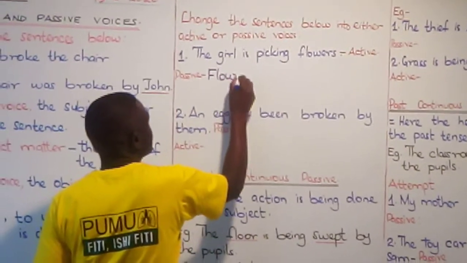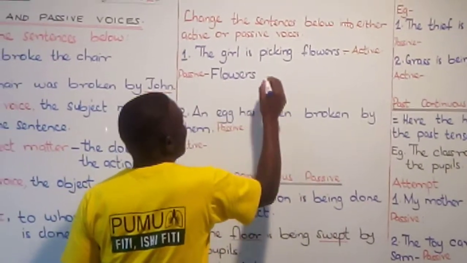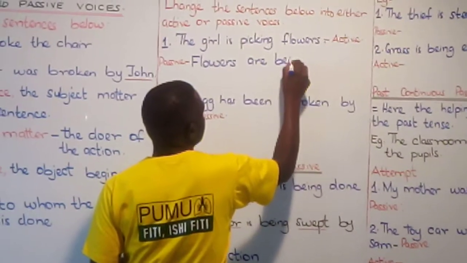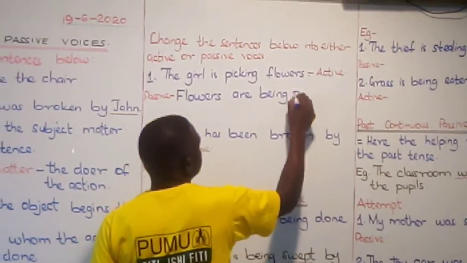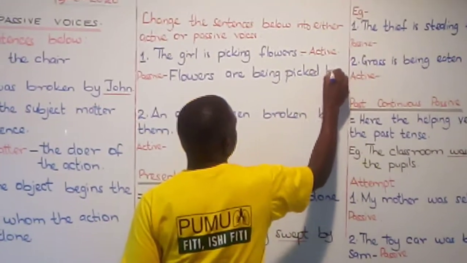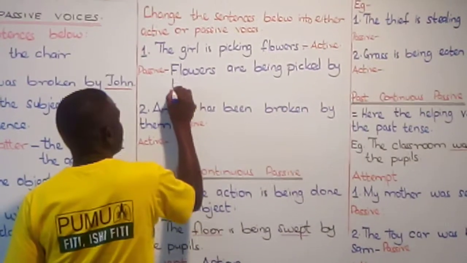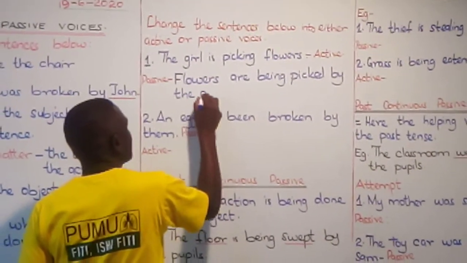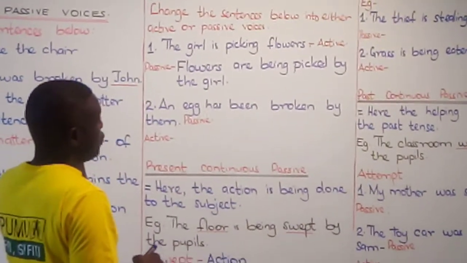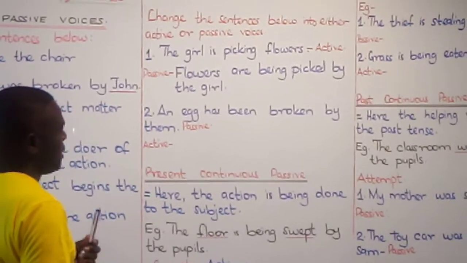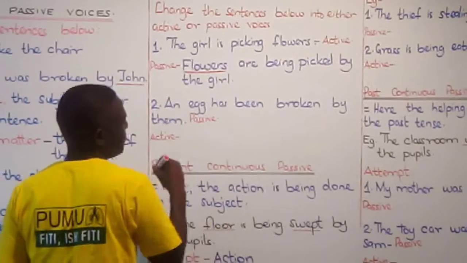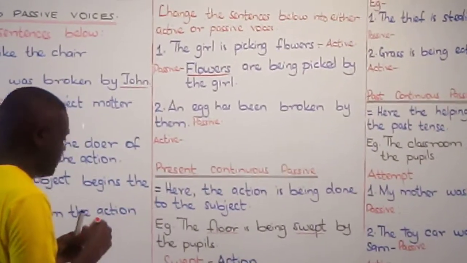Flowers are being picked by the girl. Now the sentence has changed into passive. Now flowers, the object, begins the sentence, and becomes the subject matter, right?